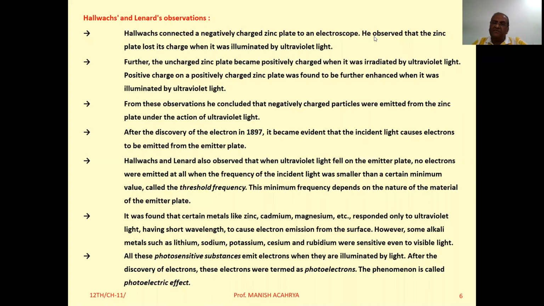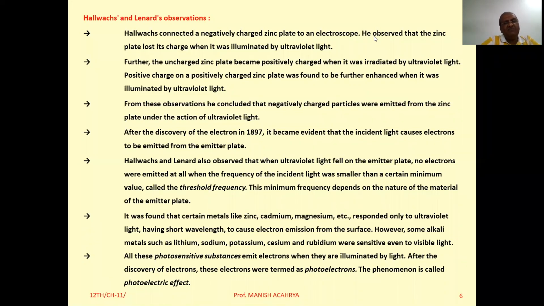The metallic surface which emits the electrons is called the emitter plate. With the help of these experiments, they found that zinc, cadmium, and magnesium respond to ultraviolet light.